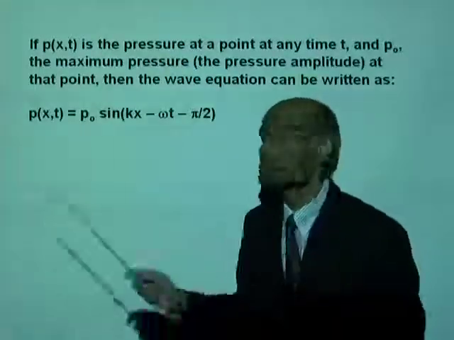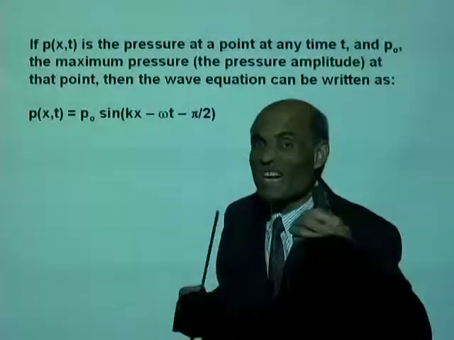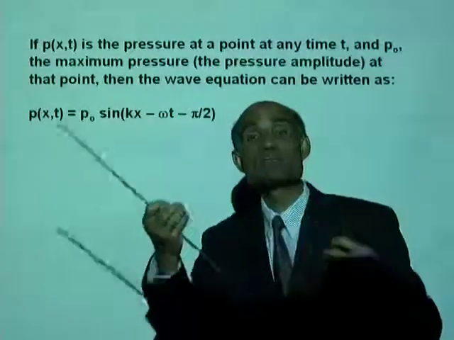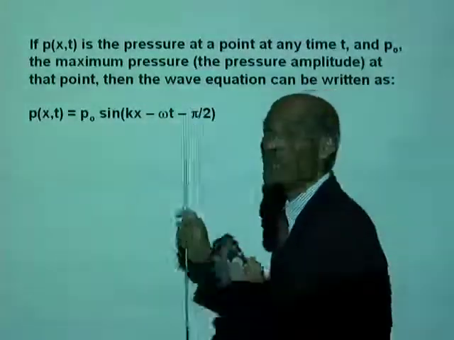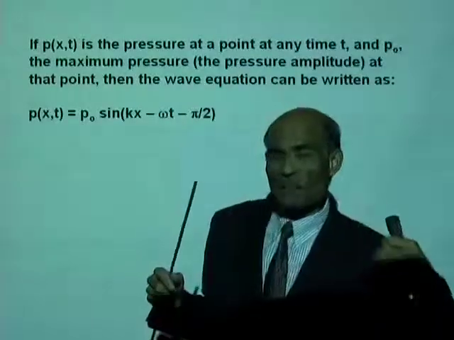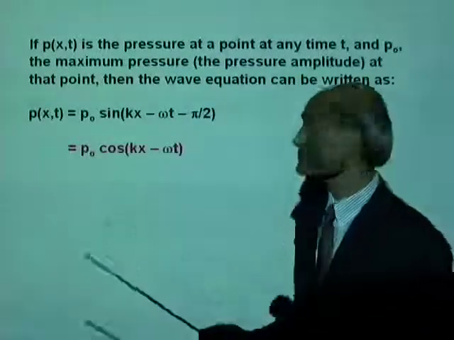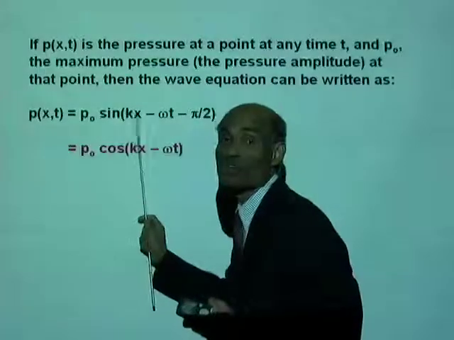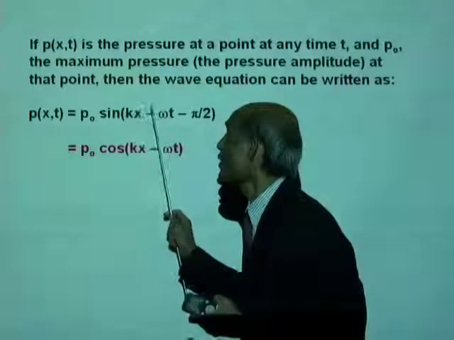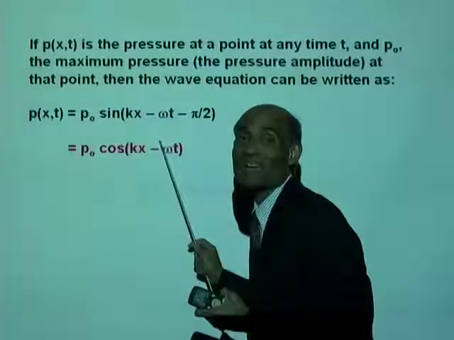Instead of plus pi by 2, we use negative pi by 2 because pressure lags behind the displacement. It is not leading the displacement, it is lagging behind. So the pressure is actually a phase of pi by 2 behind the displacement. Now you know that, using a trigonometric identity, sine of theta plus or minus pi by 2 will be cos of theta.